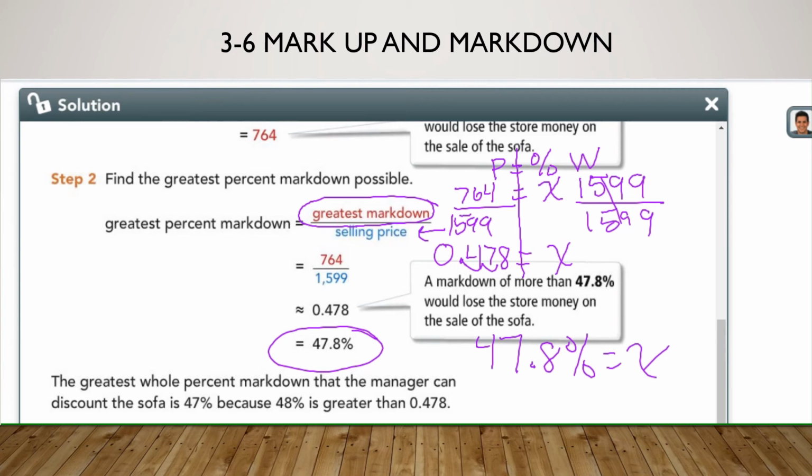So in this case, even though 47.8% will round up to 48, if we round it up and give them a 48% markdown, we'll actually lose money, because the highest we can mark it down is $764. We cannot mark it down more than 47%, because if we mark it down to 48%, then the store will be losing money.